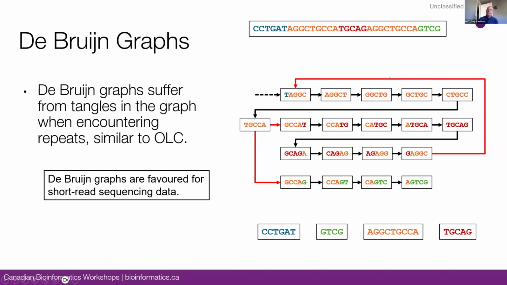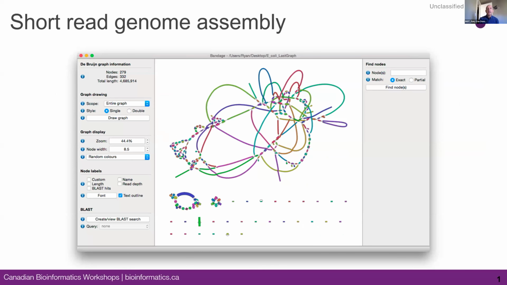So this gives us our speed boost by breaking things down into k-mers and doing these exact matches. But it doesn't fix the problem with the tangles that we get in the data. Because of their speed advantage for highly accurate reads like Illumina, they're favored for doing this type of short read assembly.